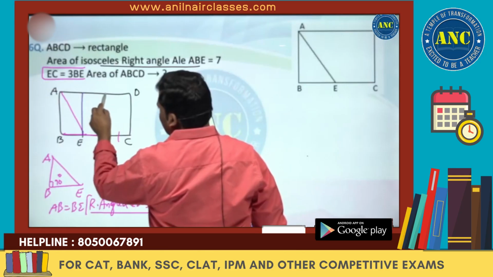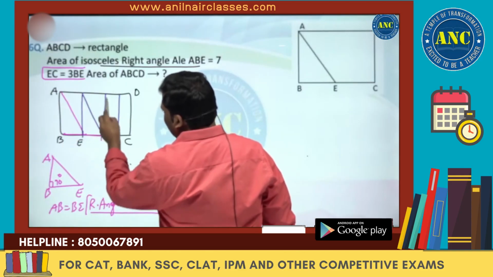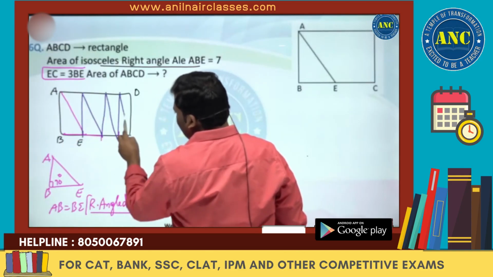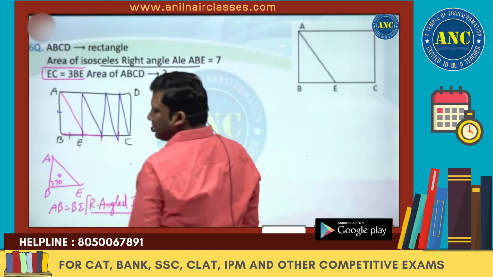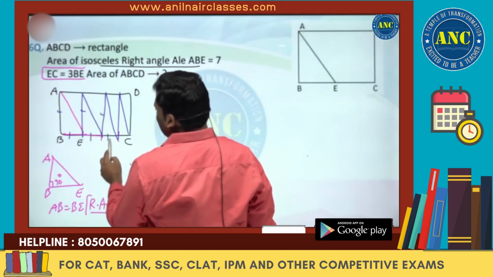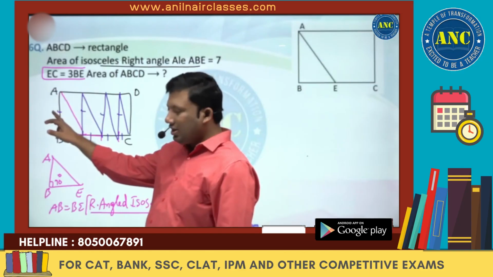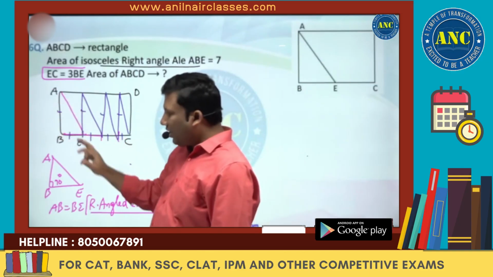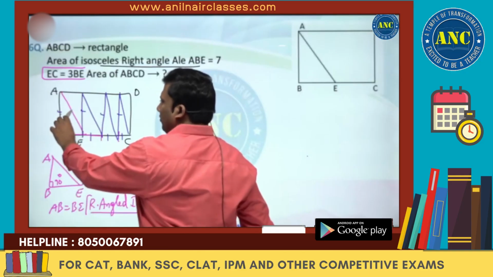Again it is AB. If I fold it, I will get it like this. This is an isosceles right angled triangle. This and this are equal. Then again, this and this are equal. So if it is AB and BE, I will get the value of AE. So obviously these two are equal, so the third also will be equal.